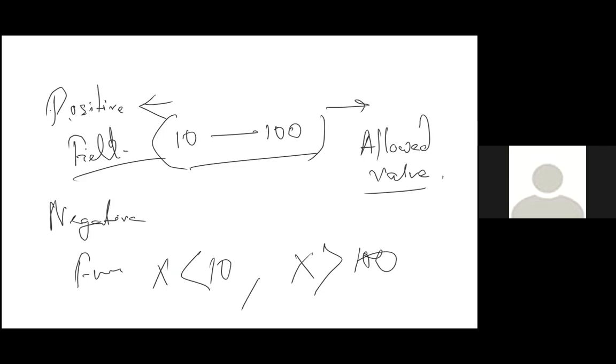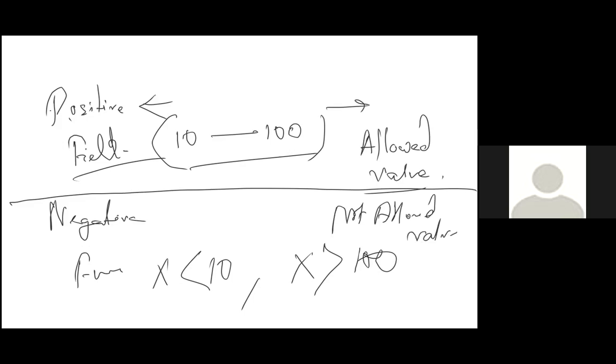A customer can give you the same requirement, right? Here the customer is giving you not-allowed values. So the same customer can give requirements in two different ways. This is the same requirement, right? Because the customer is saying don't allow less than 10, more than 100, that means 10 to 100 is allowed, right?